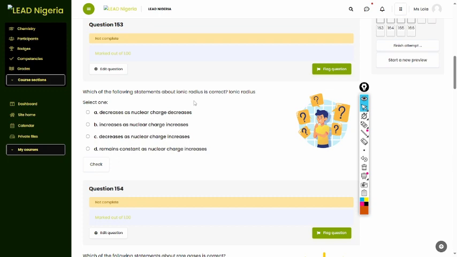As nuclear charge increases, the attraction between the nucleus and the outermost shell increases, and so the outermost shell is pulled closer to the nucleus, and that pull tends to decrease the size of that atom or ion. So if the nuclear charge increases, the ionic radius will decrease. Ionic radius decreases as nuclear charge decreases is wrong. It increases as nuclear charge increases, that's wrong. It decreases as nuclear charge increases, this is correct. It doesn't remain constant because it's affected by nuclear charge, so the answer is C.